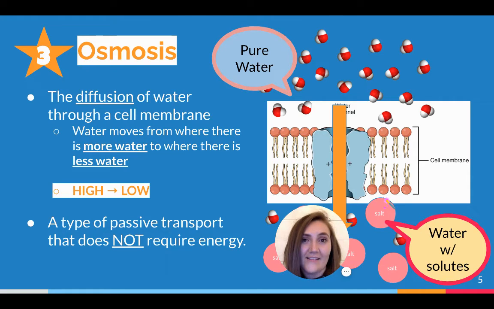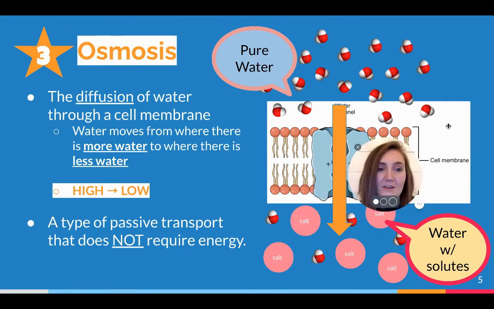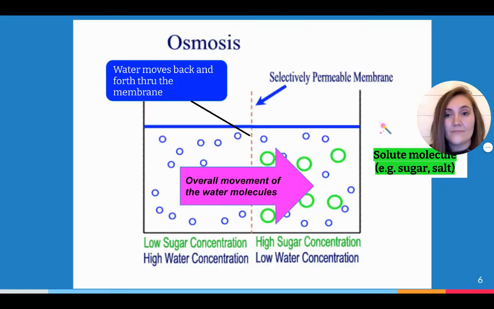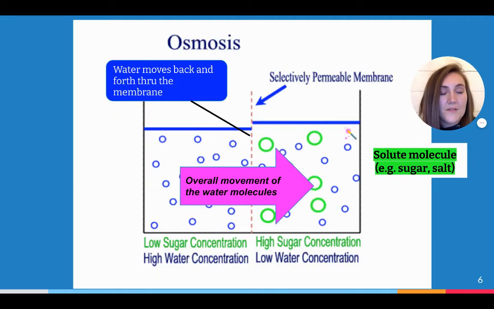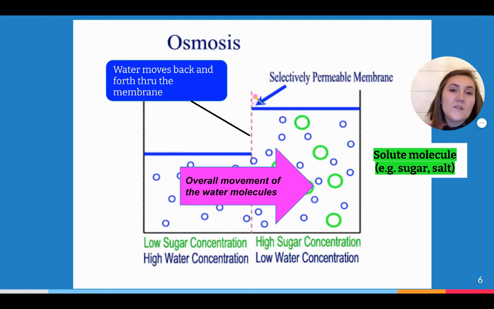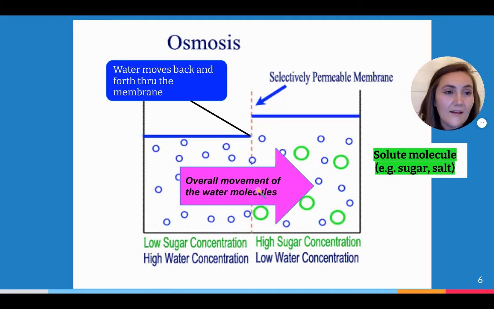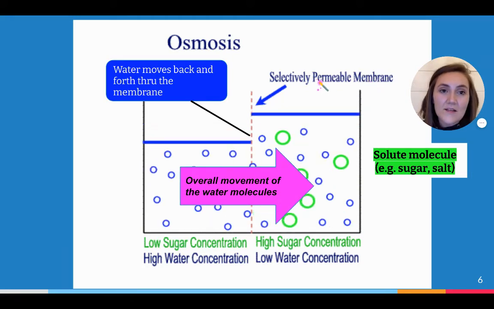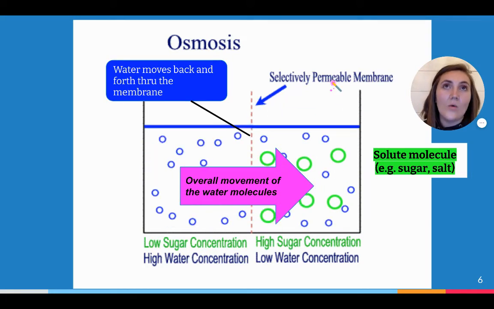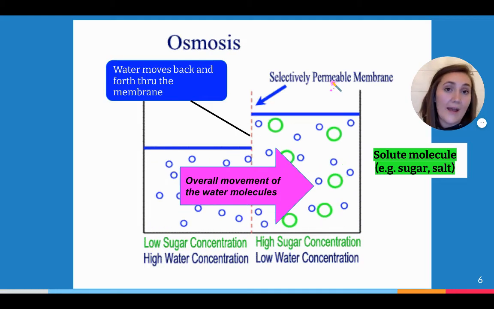Let's take a look at another diagram so we can see how osmosis works in action. Here we have a representation of a cell. As you can see, this pink dotted line is representing the selectively permeable membrane. Selectively permeable means that only certain substances are allowed to pass through.